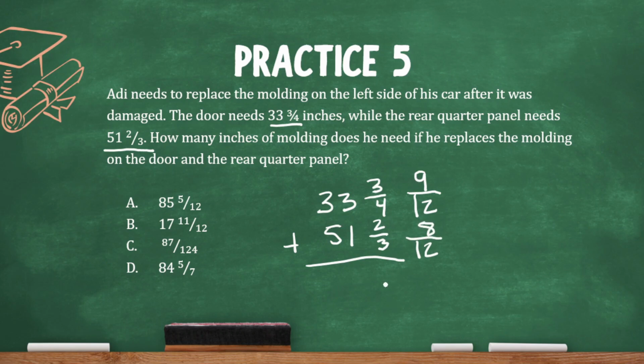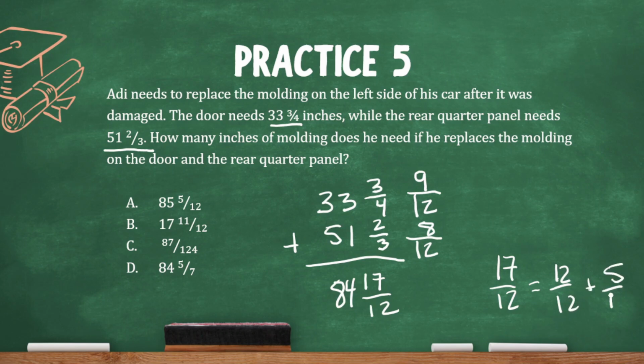So 9 plus 8 is 17/12. And I'll go ahead and add these numbers here. So I've got 4 and 8. Now I'm not quite done because I've got an improper fraction here, so I need to resolve that first. So 17/12 is the same as 12/12 plus 5/12.